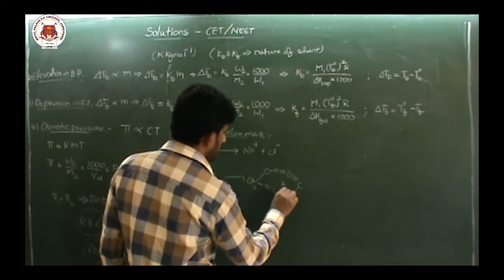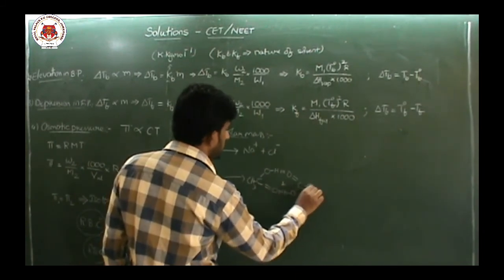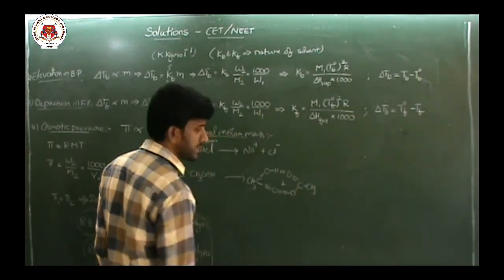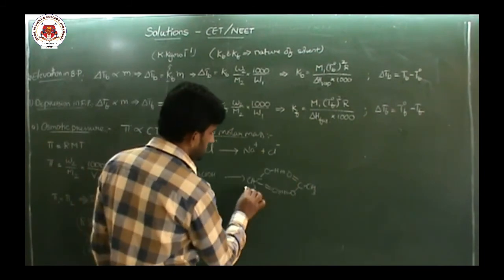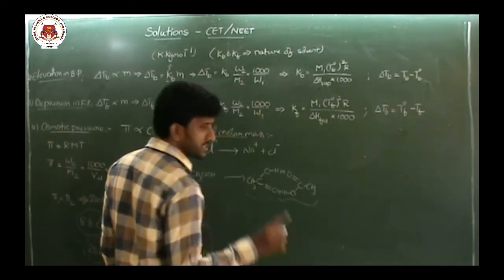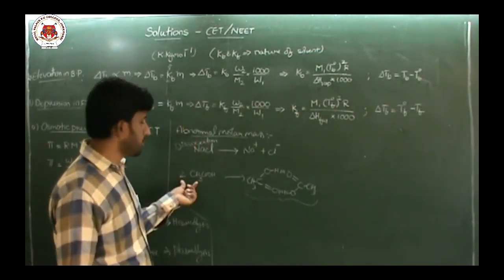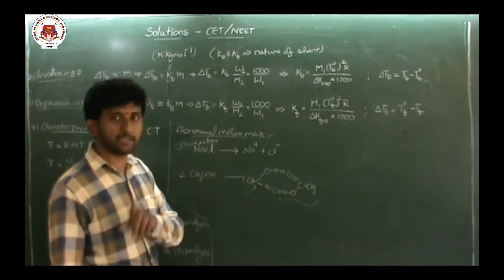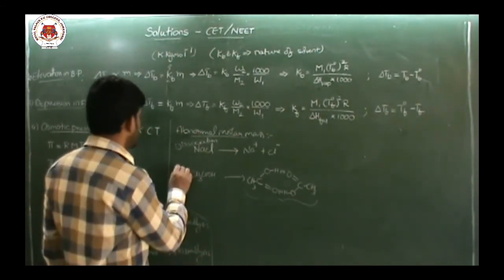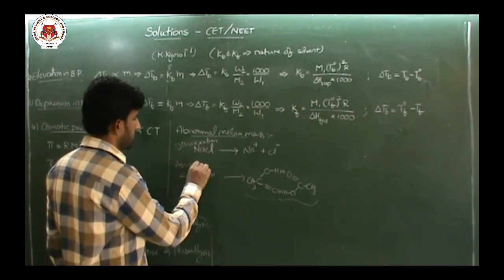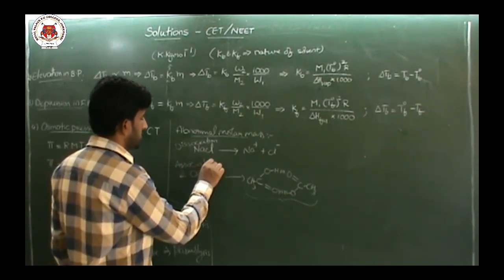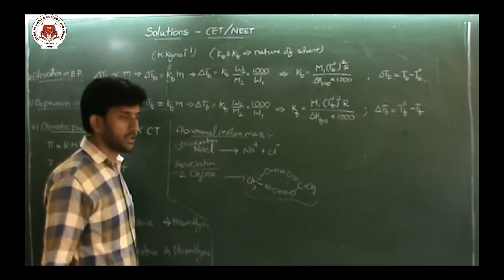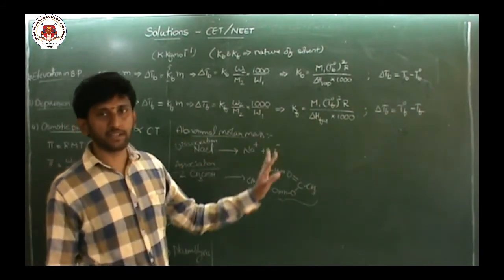Hydrogen bonding between two molecules can take place, and this total molecule behaves as a single unit. Two molecules now start behaving as a single molecule. This is association. Association means they are associating together. Dissociation means they are dividing into two parts.